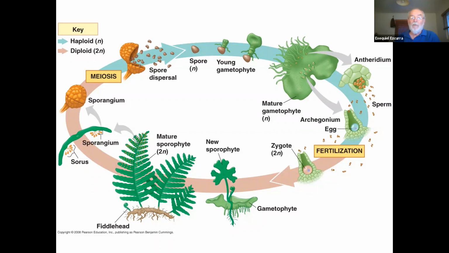This was so complex that for a while botanists believed that these little structures, the gametophytes, were really another species. They thought it was a moss or a liverwort, a smaller type of photosynthetic plant, until they studied in detail and realized that ferns have a double cycle of life. They spend part of their life as a gametophyte, and then a larger and more significant part of their life as a sporophyte.